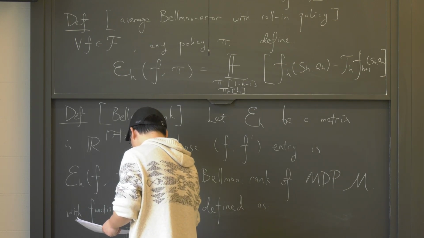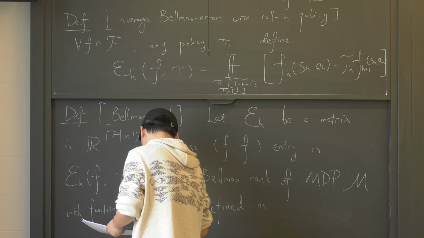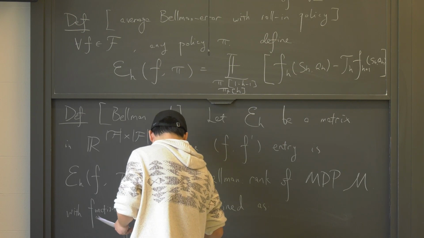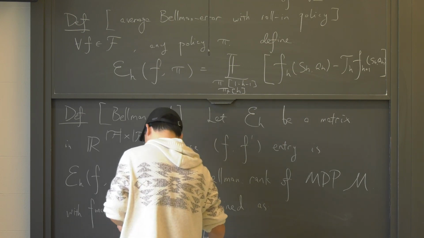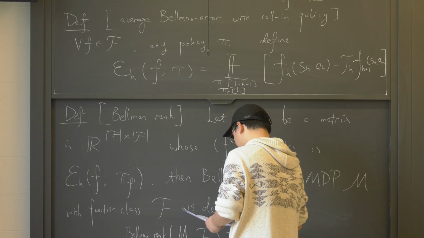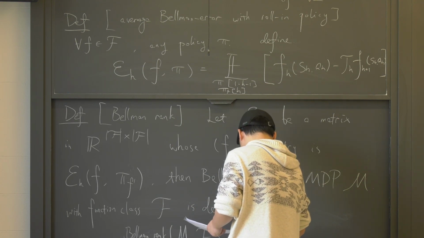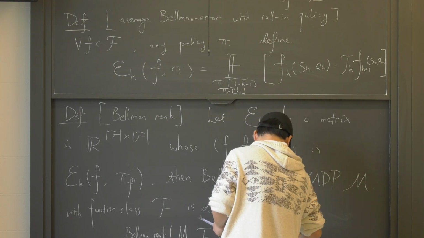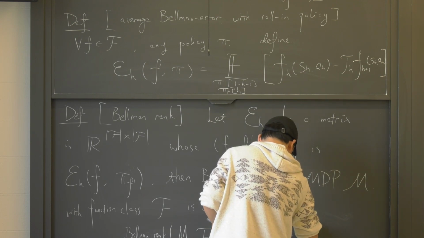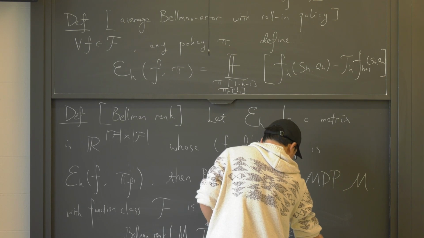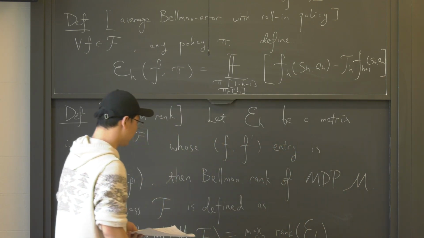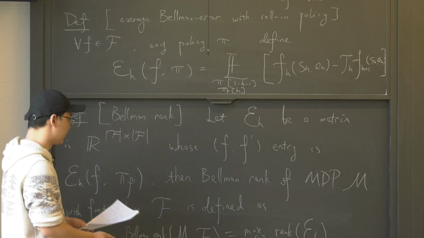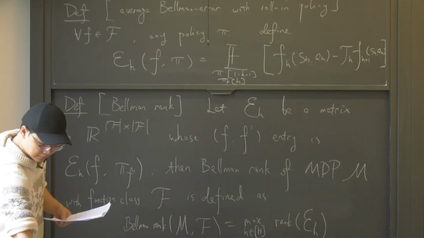Let's say Bellman rank. Okay, so we look at the rank of this matrix at every step h, and we essentially take the max over this rank, and this is defined as the Bellman rank.